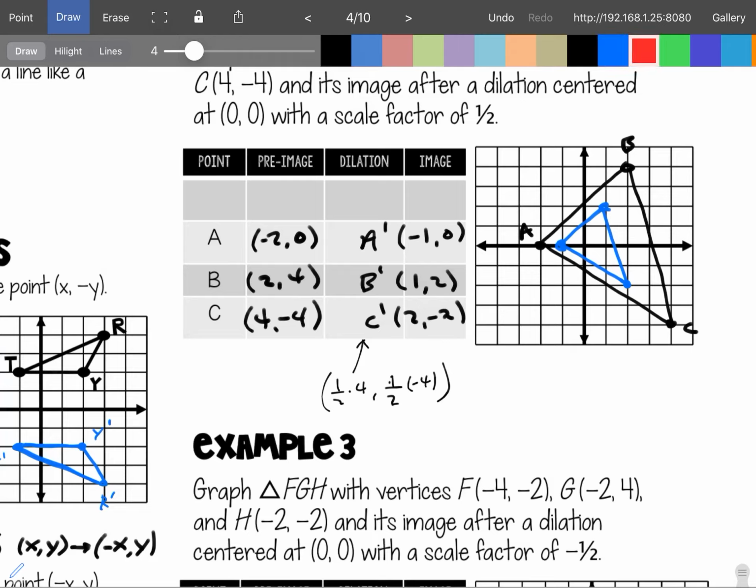Now what you would see is if you drew a line from the center of the dilation, which is at 0, 0, can you see if I draw a line out from 0, 0 that these are going to be on the same line when I go through the vertices of the triangle?